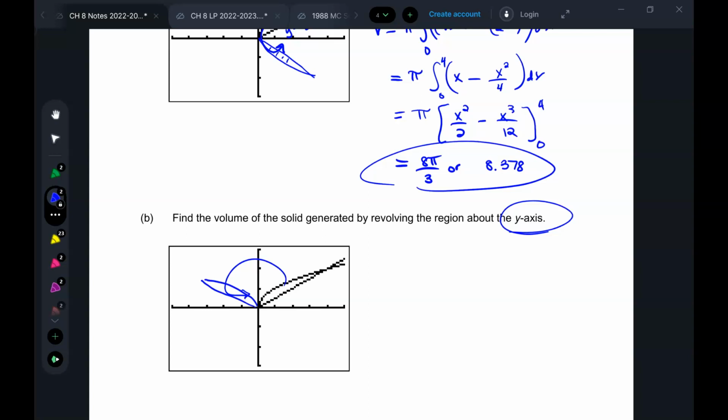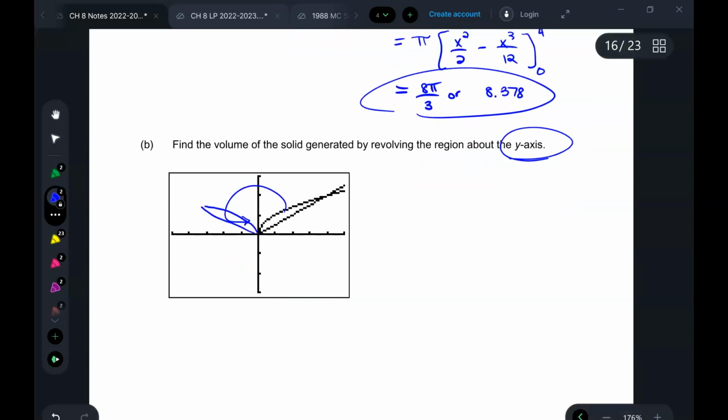Not necessarily, no. It could be, but let's see. So if this is y equals 1/2 x, then x is equal to 2y. So anytime it's rotated now about the y-axis, we want everything in terms of y, including the limits of integration. The top curve was y equals root x, so this implies x equals y squared.